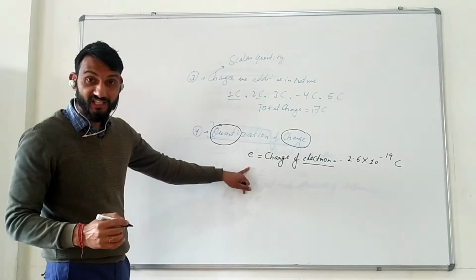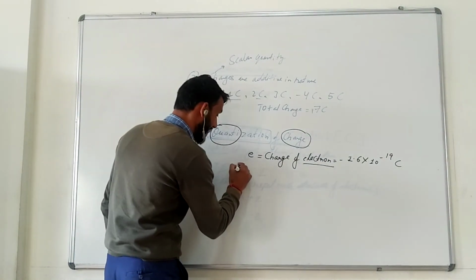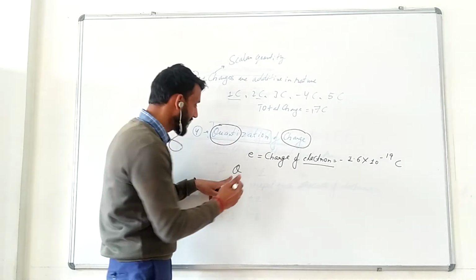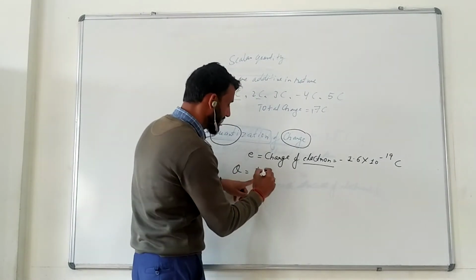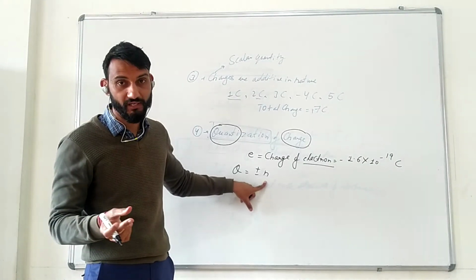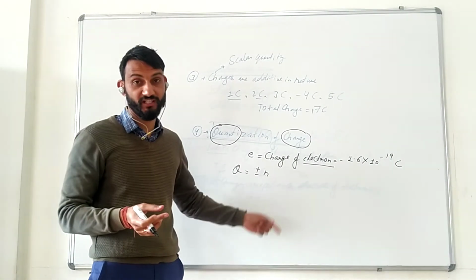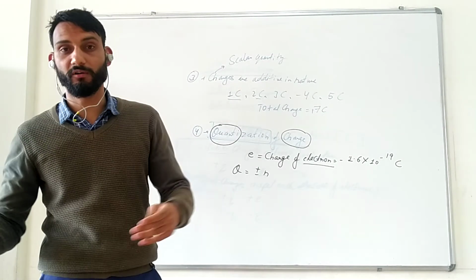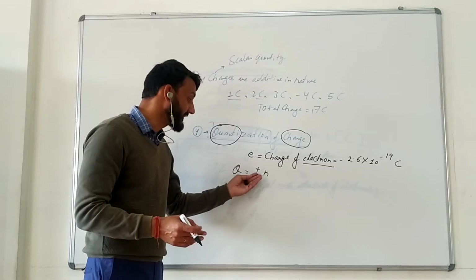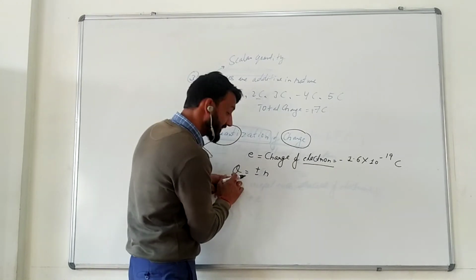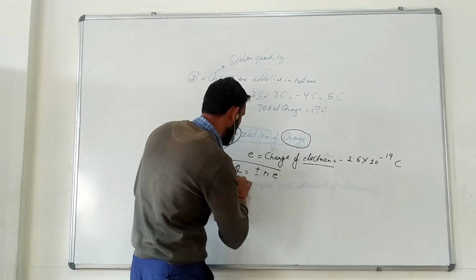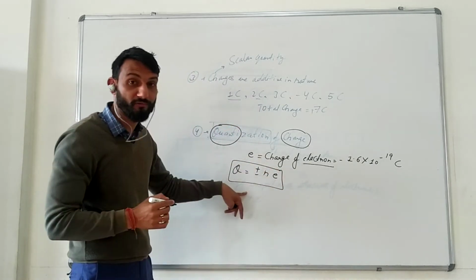Any charge that exists in this world will be plus or minus an integral, that is an integer, a complete number: 1, 2, 3, 4 or minus 1, minus 2, minus 3, minus 4. So whatever charge exists will be an integral multiple of this small e. This is the equation for quantization of charge.